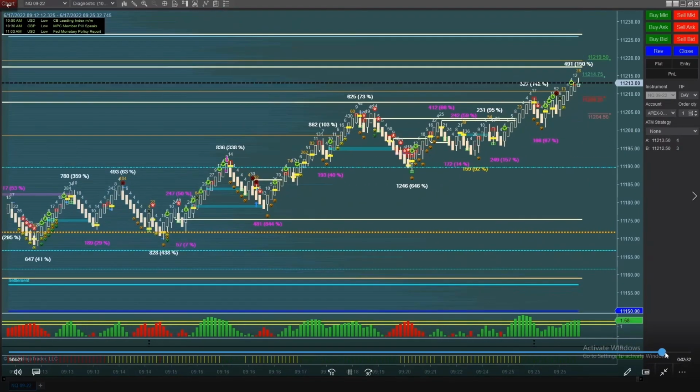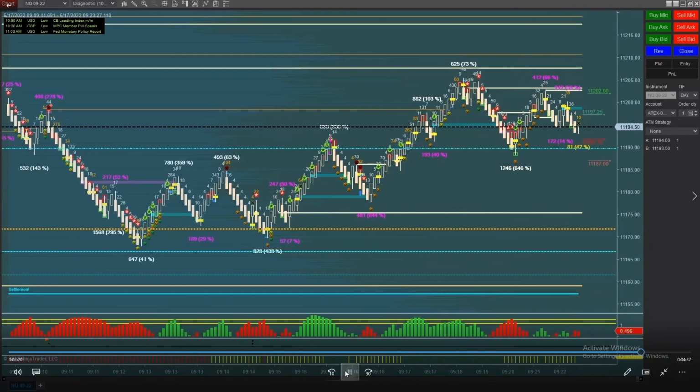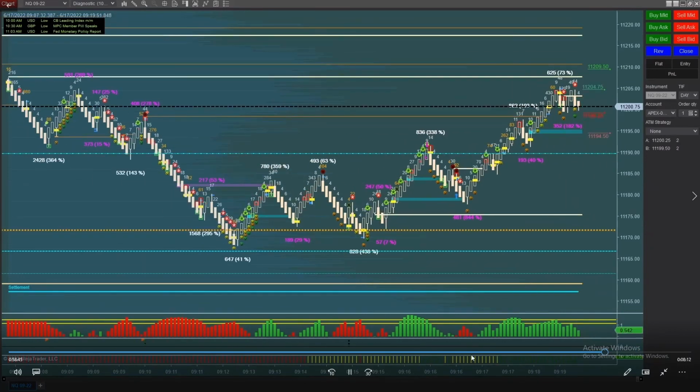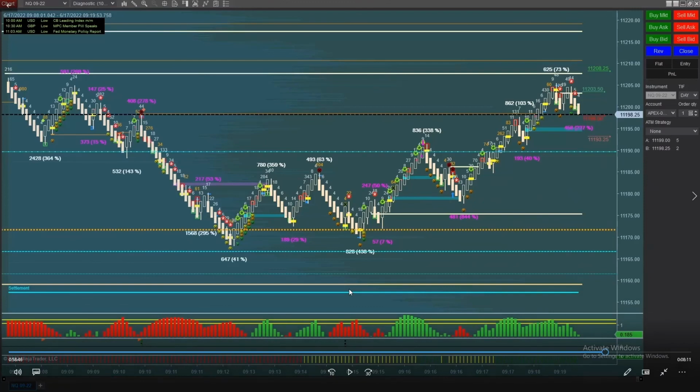See, then we go back into this area. So there we go. That's it. That was my thinking that day. I got that one trade, but I was very confident in it. No hesitation. And one and done, basically.